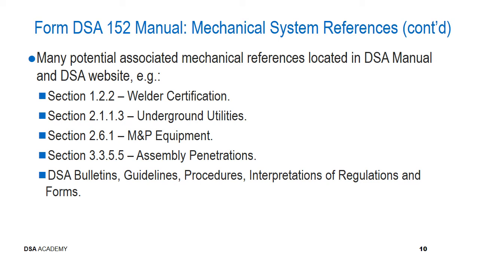Now, it's also important to note that the DSA 152 manual is a pretty lengthy document. It's a very valuable resource. However, its value is most utilized if this particular manual is maintained in its electronic format.